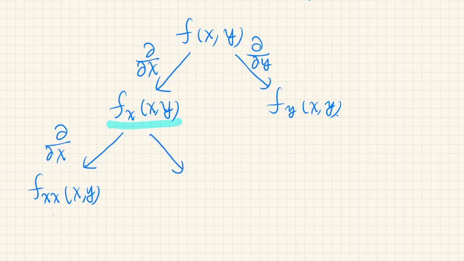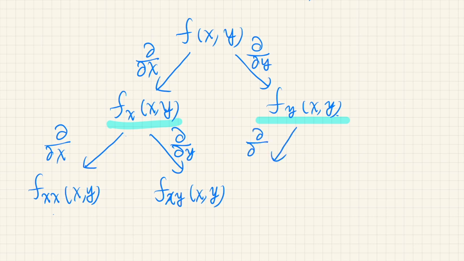And for this one, again, we can differentiate with respect to y to have another second derivative, that is fxy of xy. And now for this first derivative with respect to y, we can differentiate it with respect to x.